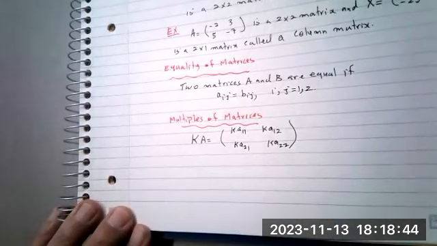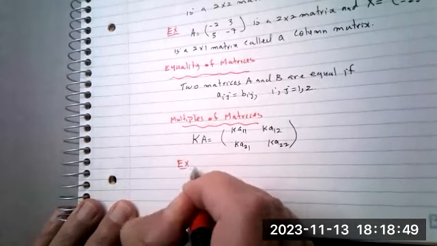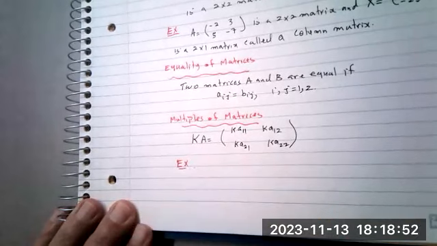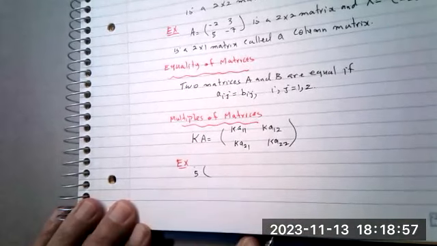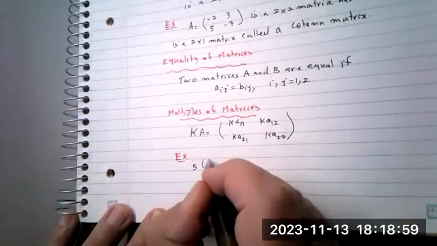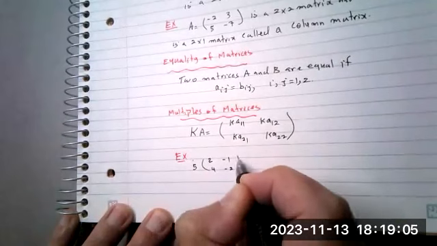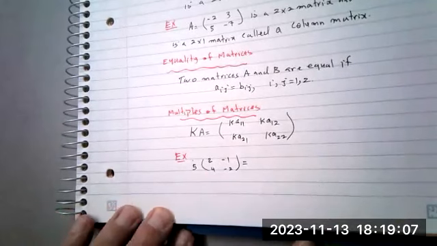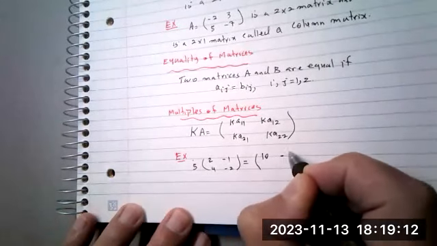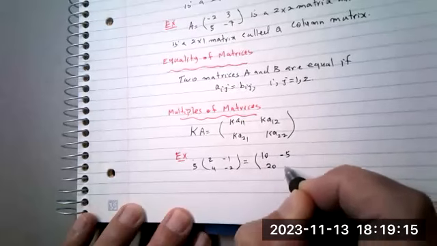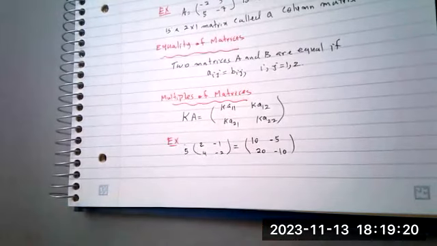We need this one. For example, if you want to multiply 5 times the matrix 2, -1, 4, -2, you multiply 5 by each entry. So 5 times 2 would be 10, -5, 20, and -10. So that would be the multiple of a matrix.